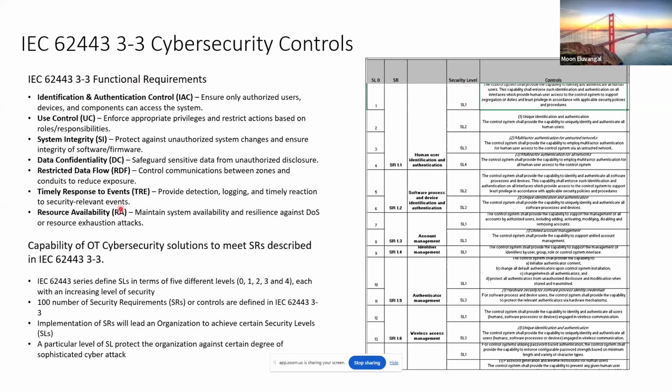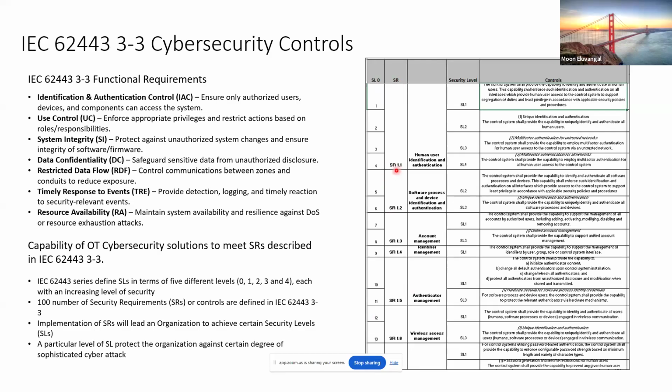I'm not going into the detail of each of them, but I think most of you understand the terminologies and what they mean in the cybersecurity world, right? You can see a table which I have put to explain how the controls are structured. In each FR, for example, all these controls listed here belong to FR1.